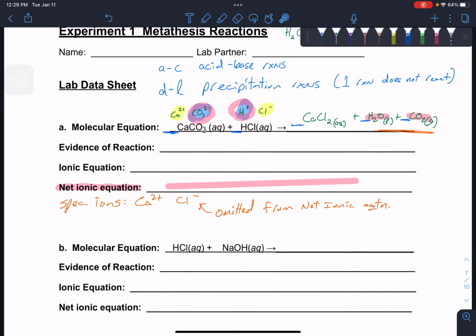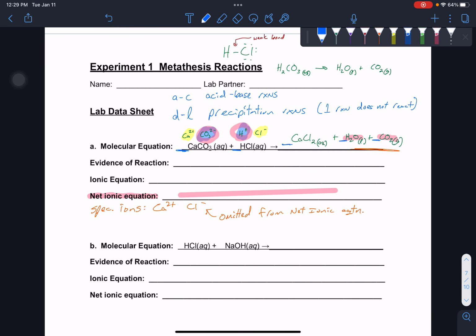About the AQ tag, add AQ to all ions and soluble salts. So we add AQ there, AQ there.